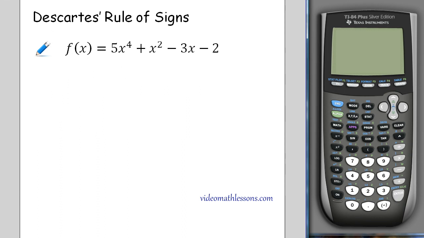Do one more. So once you set it up, make your pluses and minuses. And write down your answer. Positive, positive, negative, negative.